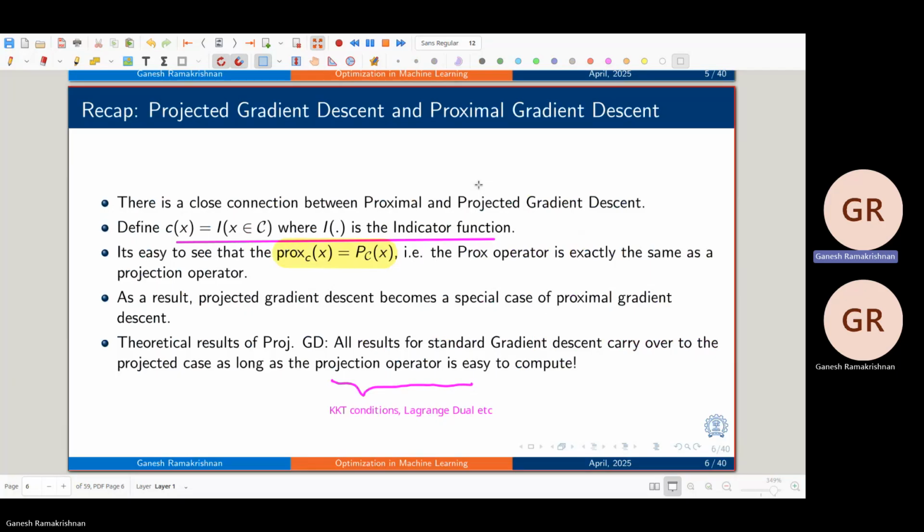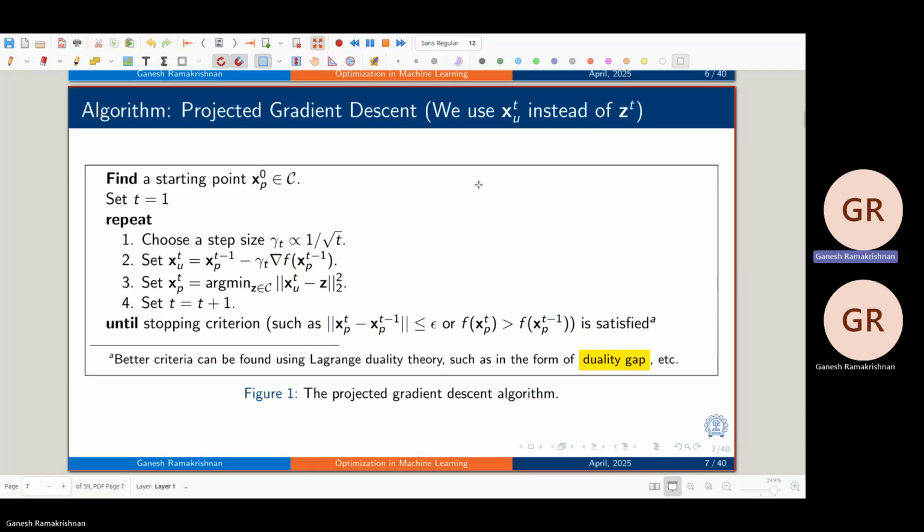But what if you replace the squared norm distance by any other function? That gets us into the space of KKT conditions. Can we actually identify closed form solutions, at least under certain constraints? Lagrange dual. These are topics we'll cover today. So these all pertain to the theoretical results of projected gradient descent.